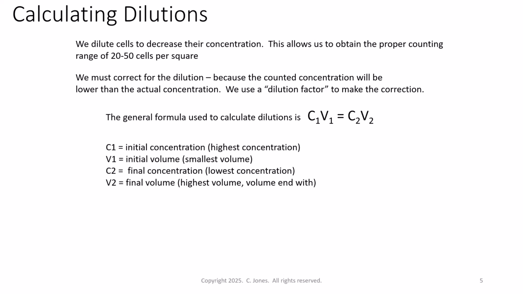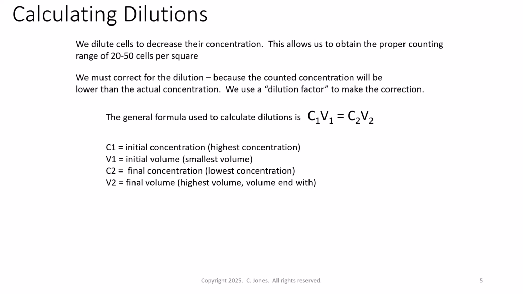Less than 20, it's not accurate, and more than 50, we generally make the assumption that you can't accurately count all of the cells in the square. There are too many cells to differentiate between individual cells, so you may skip counting a cell, or you may count the same cell twice. So we need to dilute the cell suspension to get the range of cells into the 20 to 50 cells per square. But if we do the dilution, we need to correct for the dilution, right?